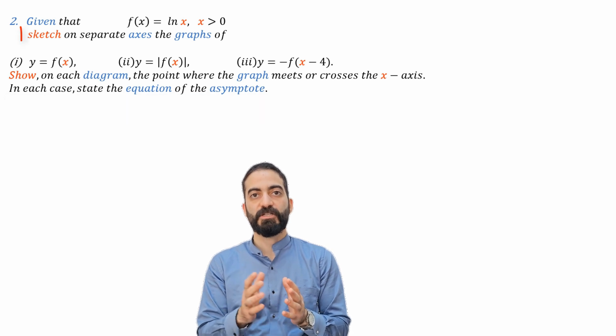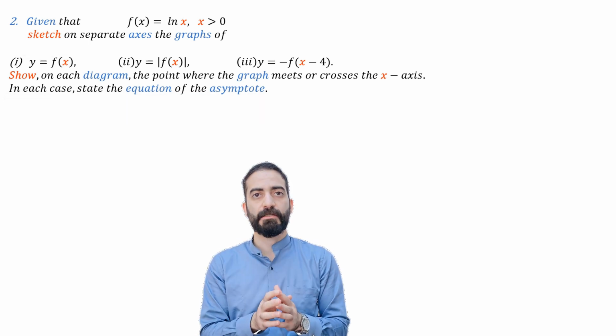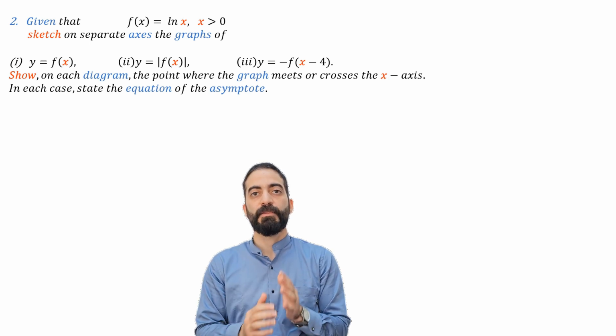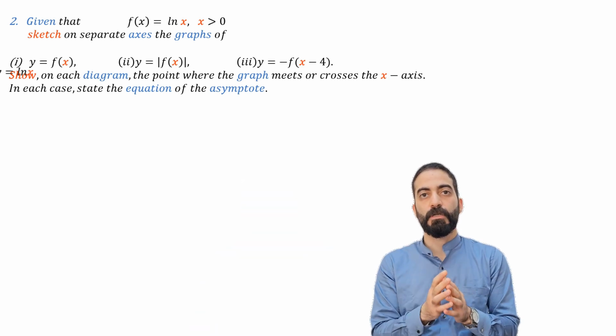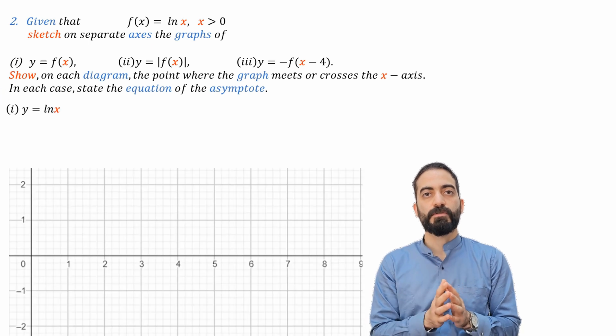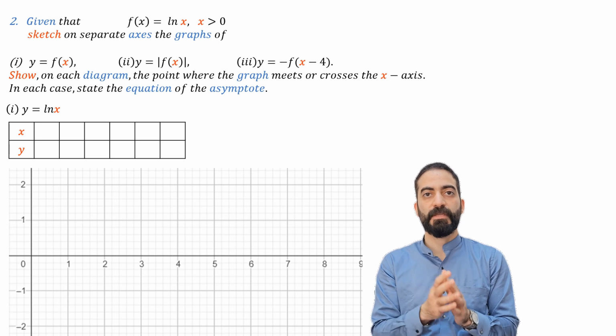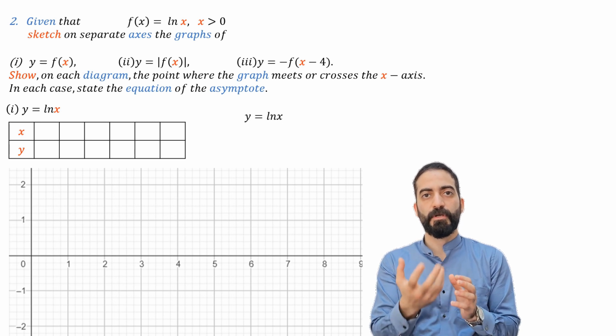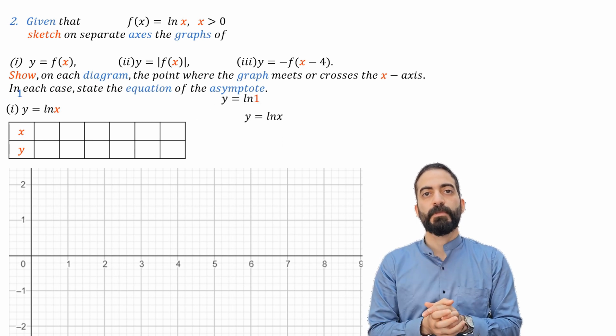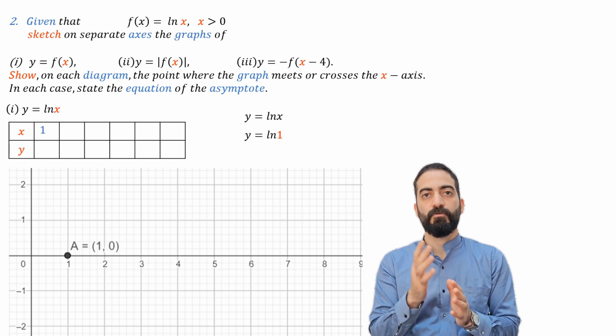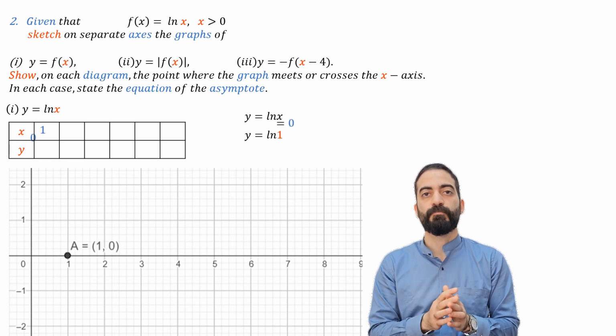As long as the question says sketch, we can specify some points to draw the graph. We start with y equals ln x. We choose values for x randomly in order to get the values for y through the calculator. When x equals 1, y is 0.